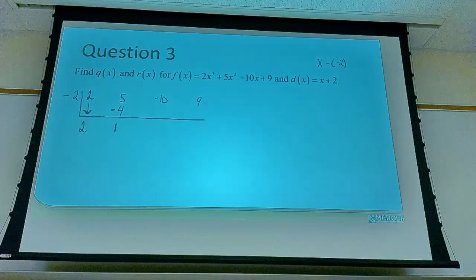Let's keep those in there. Multiply by negative 2. Add. Multiply by negative 2 and add.